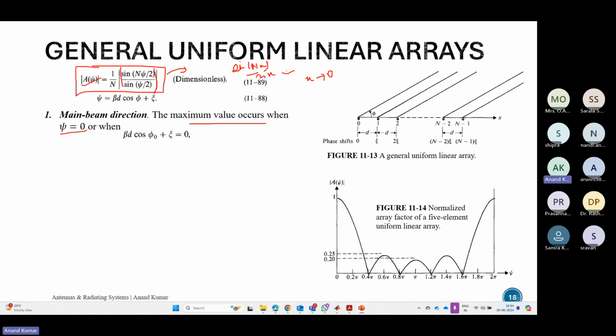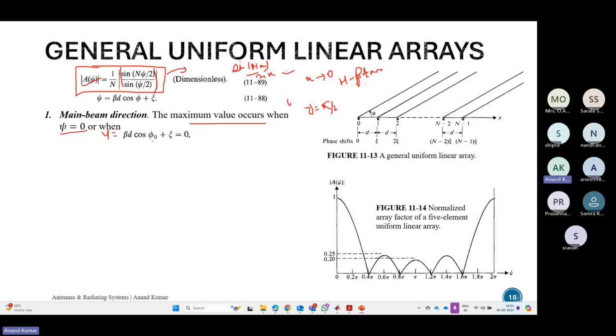And for this equal to 0, we had psi equal to beta d cos phi sine theta plus xi. We are taking theta equal to pi by 2, since we are plotting the H plane patterns. So theta equals pi by 2, and this psi value is 0.